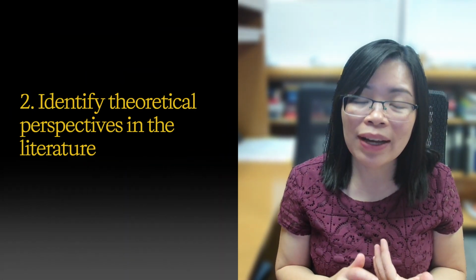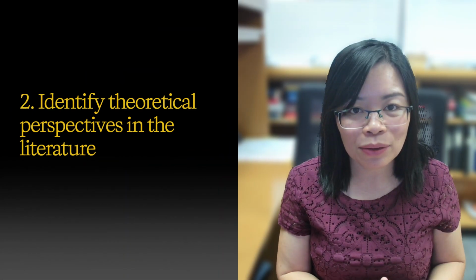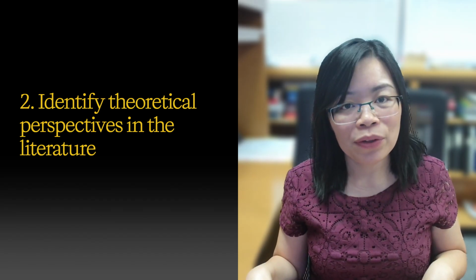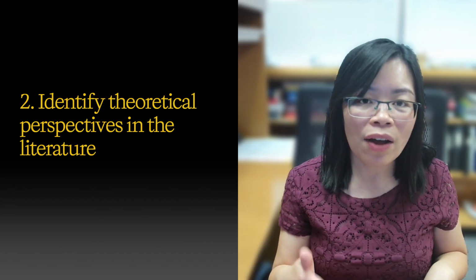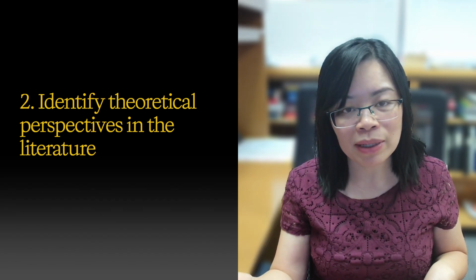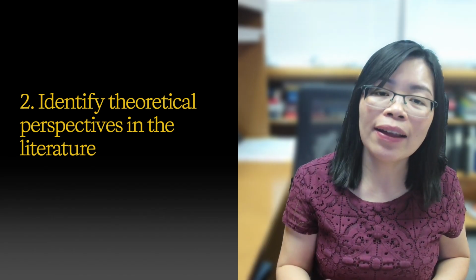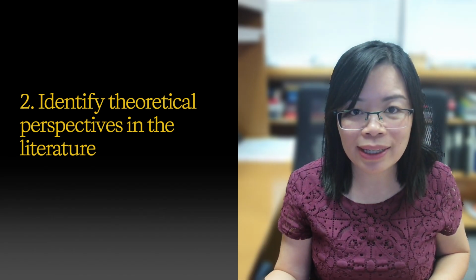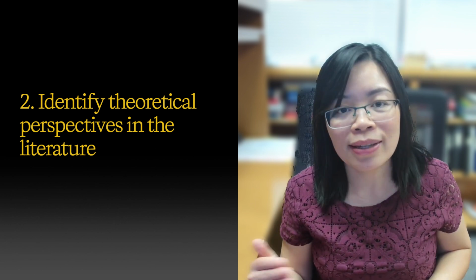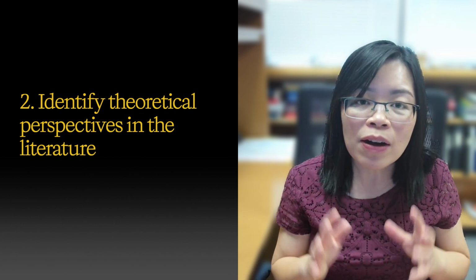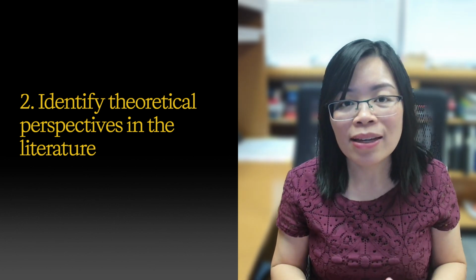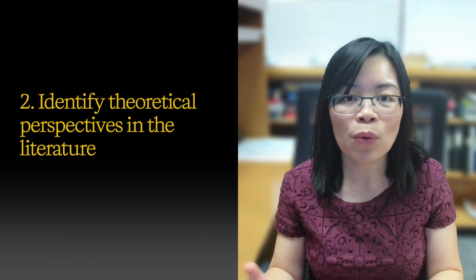Second, identify theoretical perspectives in the literature review. In many literature reviews, you'll find that different authors explain the same phenomena in different ways. One may use social identity theory, another uses distributed leadership theory, another uses psychological burnout model. Part of your job is to identify those theoretical camps or perspectives.